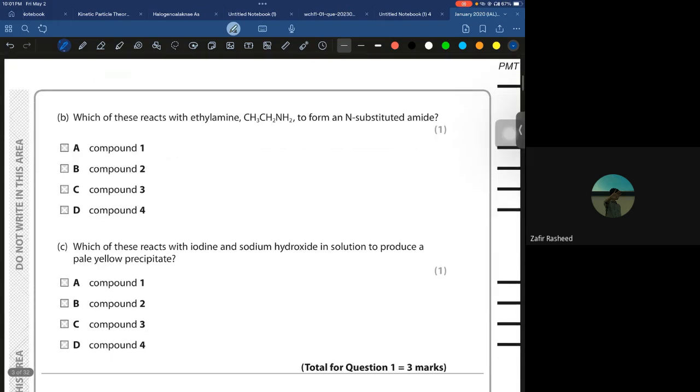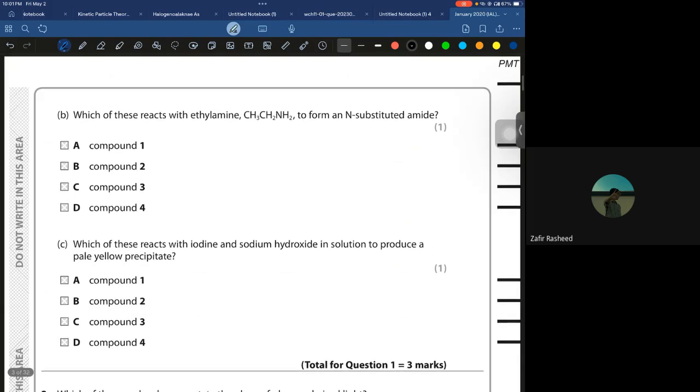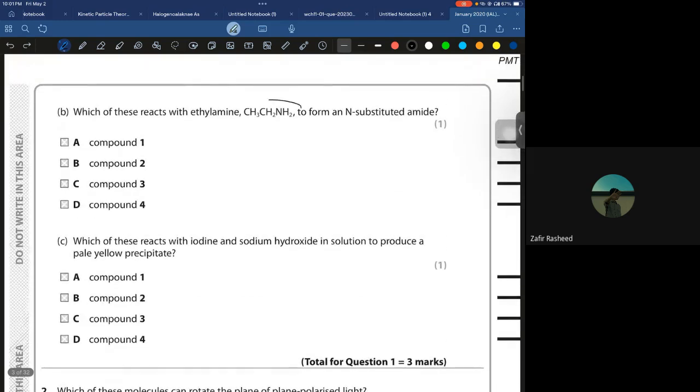Then, which of these reacts with ethylamine to form an N-substituted amide? You know what is N-substituted amide? Ethylamine is a base. Remember, it can only react with an acid, or I can say it can only react with the most partial positive center.